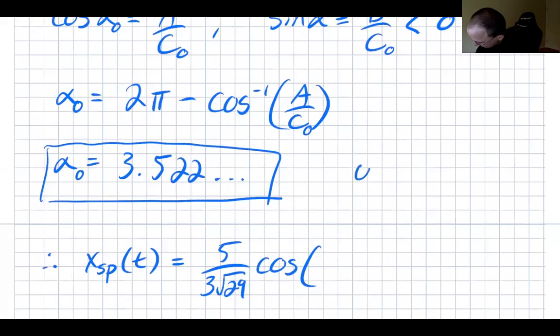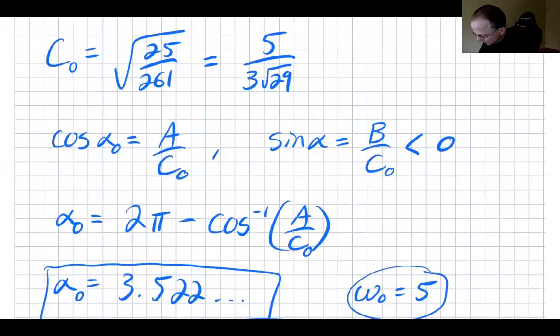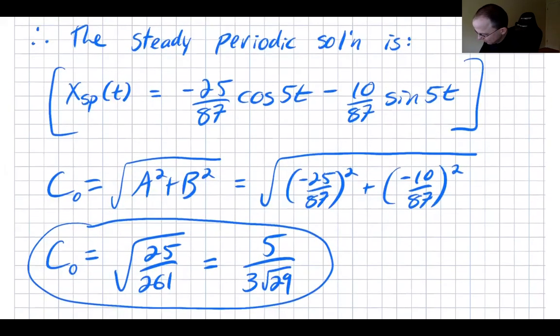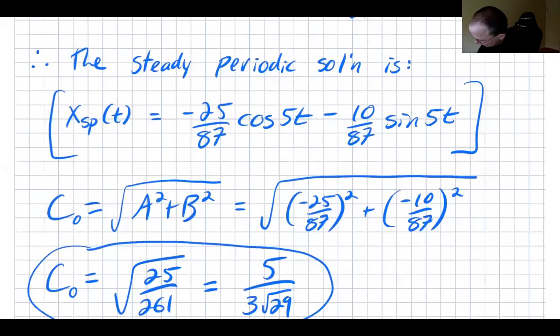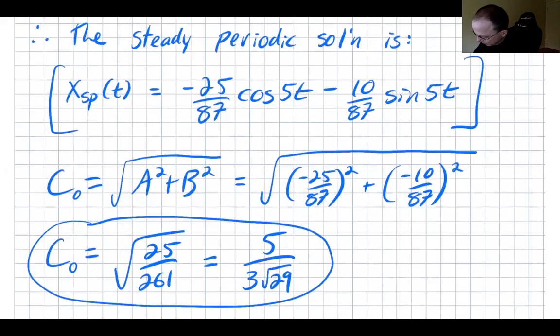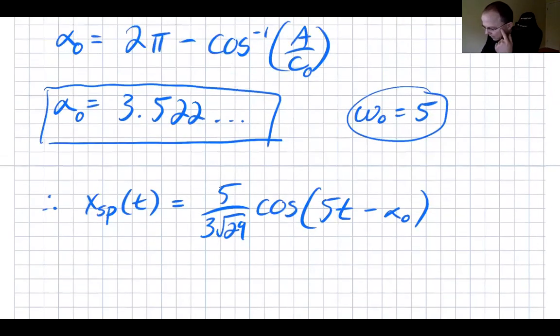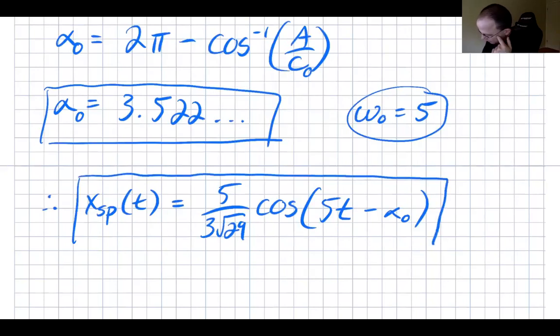So omega naught is 5, and this is coming from here. So we get 5t minus alpha naught. And I'm not going to write that number in exactly, but it's about 3.522. So there's our steady periodic solution.